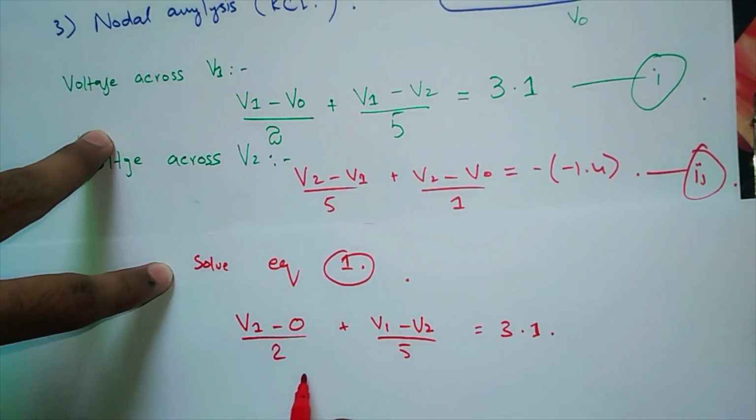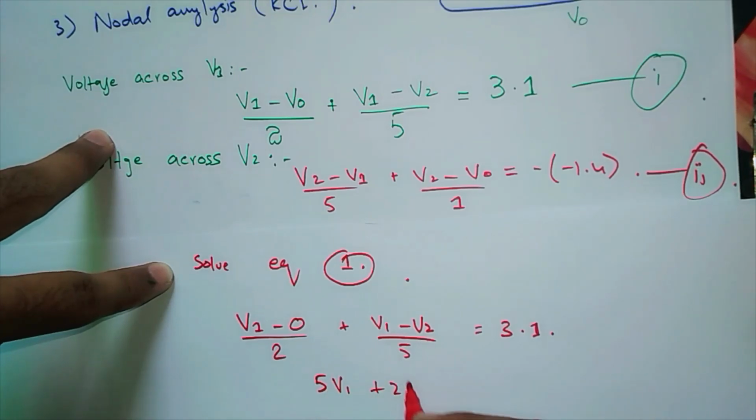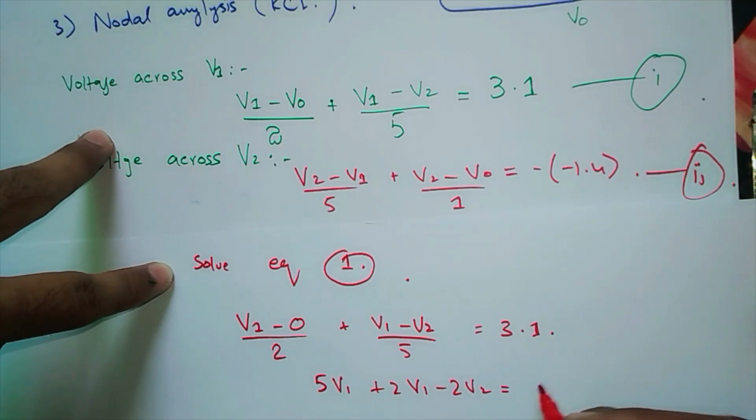The equation becomes 5V1 plus 2V1 minus 2V2 equals 31, and further solving, 7V1 minus 2V2 is equal to 31. This will be our equation number A.